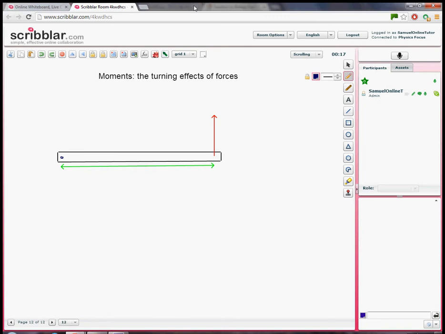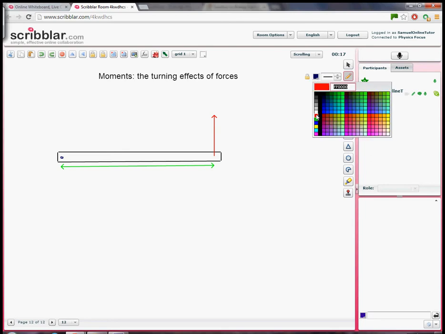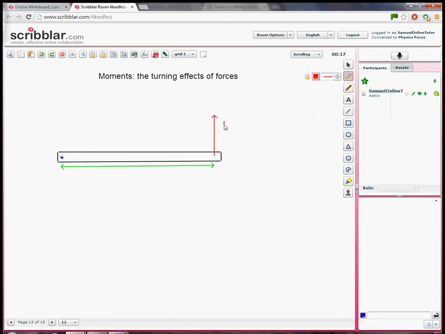So, let's say we're looking at this situation. This could be, for example, looking down on a gate from above.